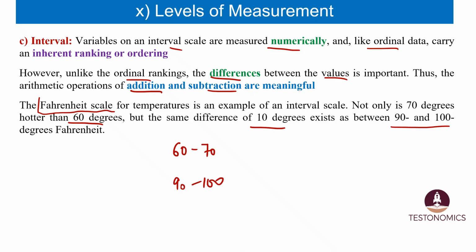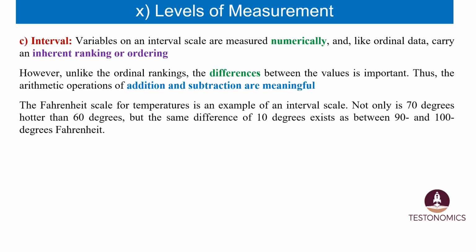That's why we are saying these differences matter here. Earlier, we said that differences are not relevant. In the earlier cases, we had used 1, 2 and 3, but the difference between 1 and 2 or 1 and 3 was not useful or relevant. But here it is. So this is the third level, interval. Now let's move to the next one, which is ratio.